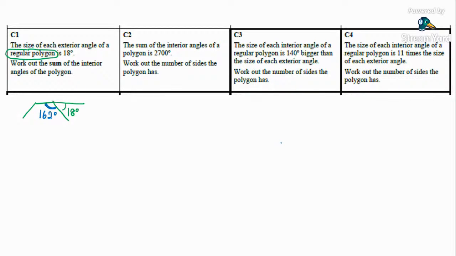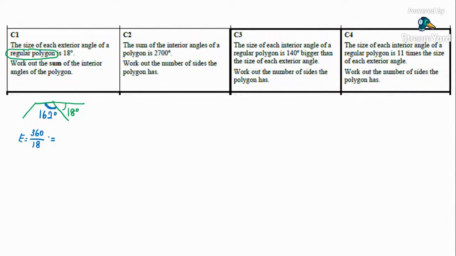Okay, so if I want to work out the sum of the interior angles, I would need to know how many sides there are. So I will just take E equals 360 divided by 18. That will be 360 divided by 18.